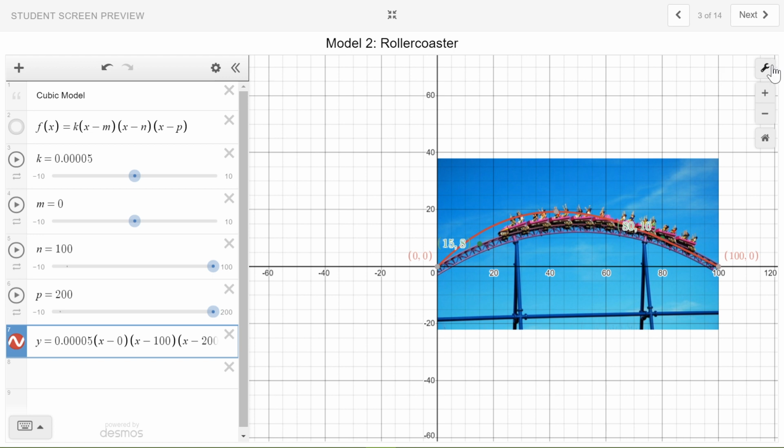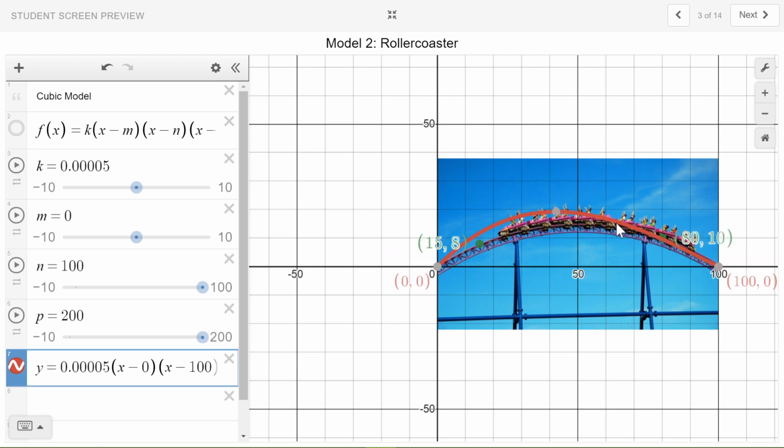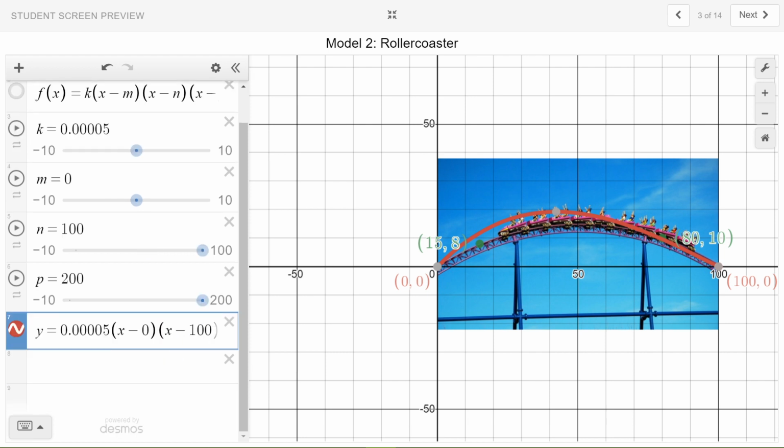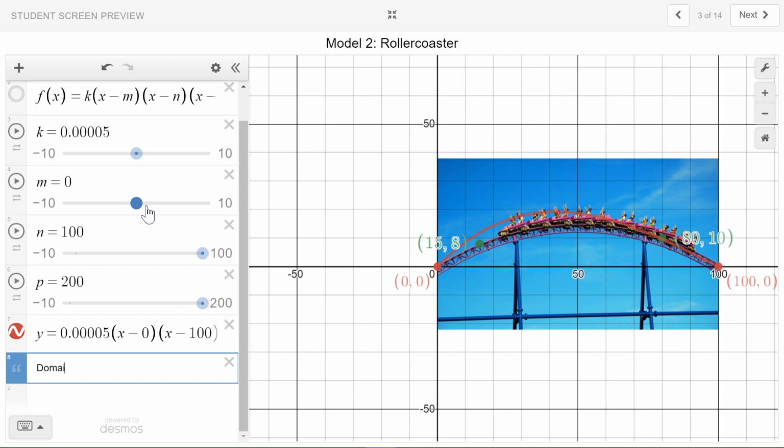Sorry, let me just put it on projector mode once again so you can see a little bit more clearly. This is my model. Okay, this model is not as good as my previous model, but I don't mind so much. Okay, and so let's write out what's really important. My domain. Once again, 0 less than x less than 100.